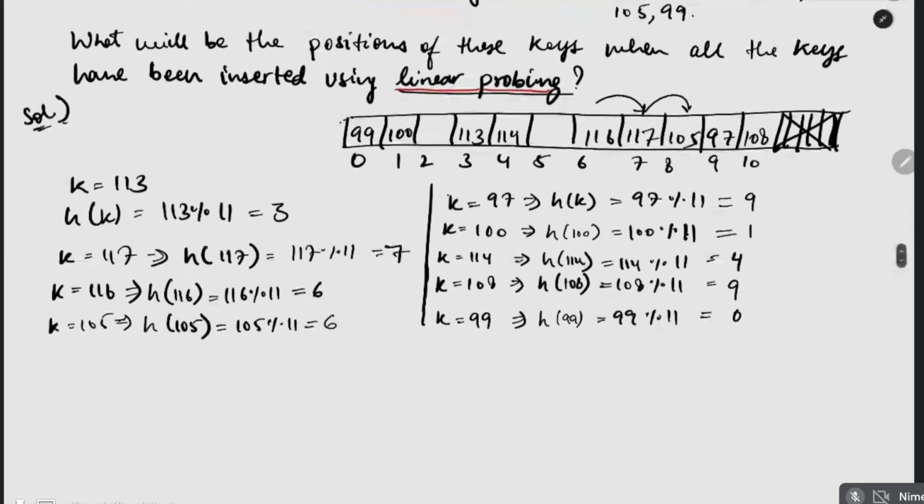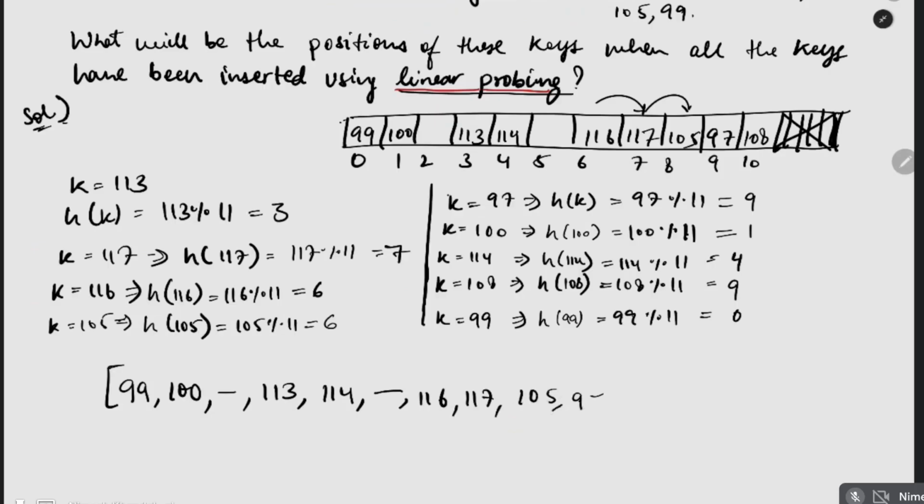Now, what is the status of the table after all the numbers have been put? Basically we have 99 followed by 100 followed by an empty slot. Then we have 113, 114 followed by another blank slot, and then 116, 117, 105, 97, 108.